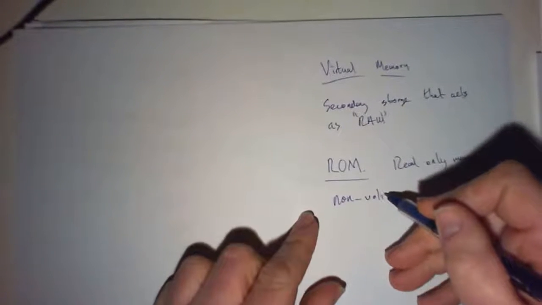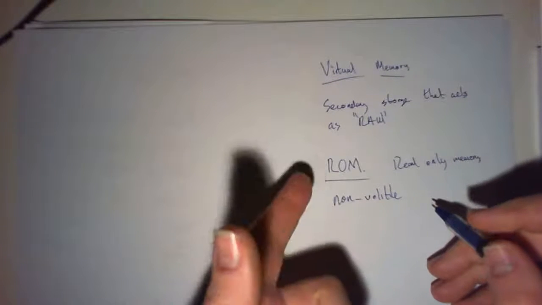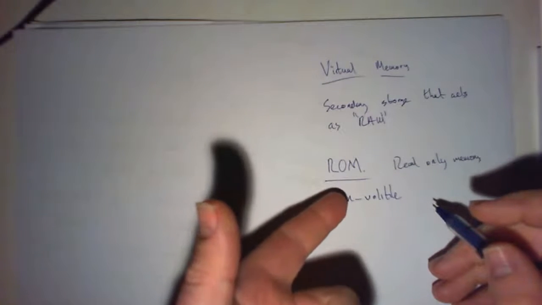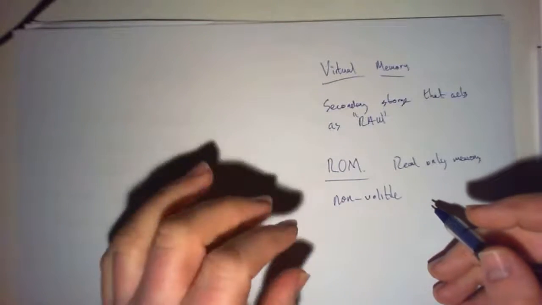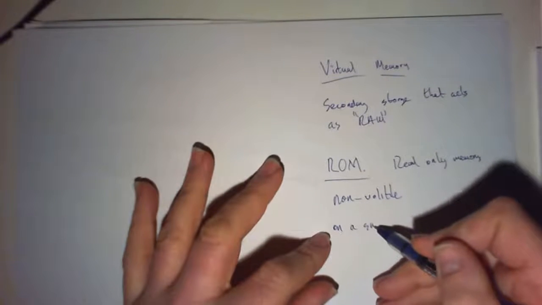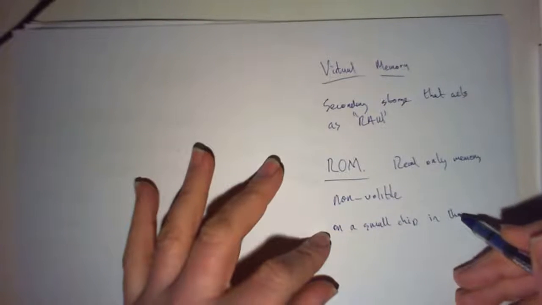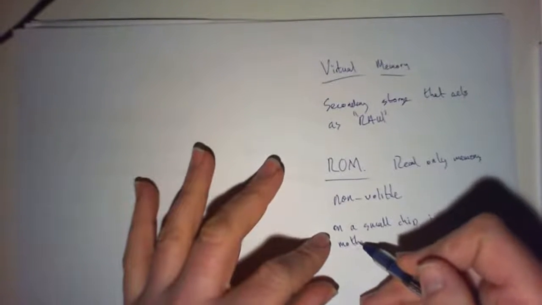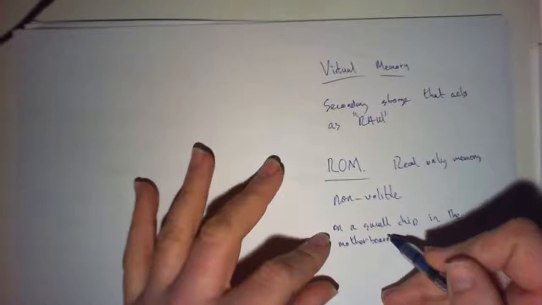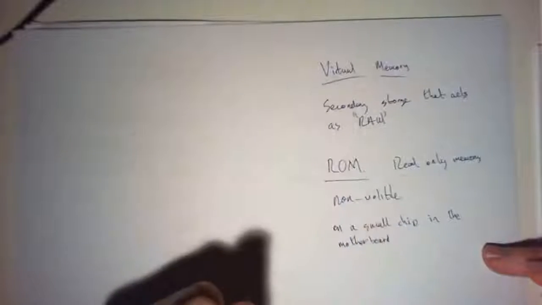So when you turn it off and turn it back on again, whatever was stored on it, you can read it again. It's not lost. ROM tends to be on a small chip in the motherboard. It's not one of these where you can just replace it and upgrade it like RAM. It is what it is.